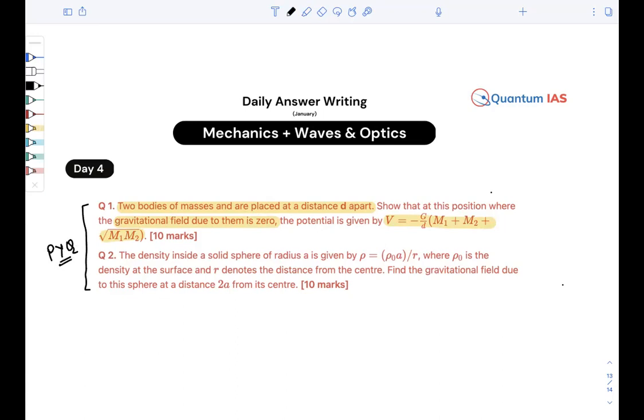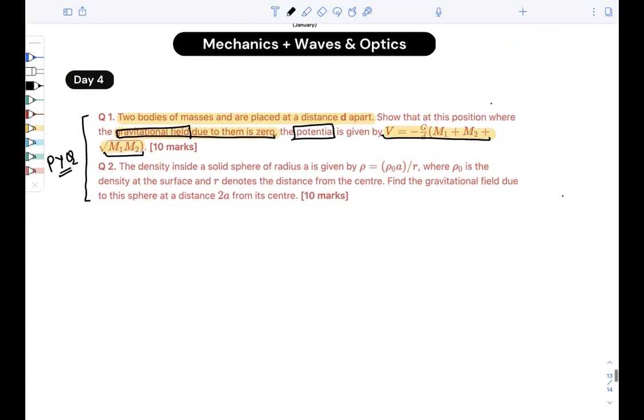Now try to understand in the first question, they have given a condition, and this is what we need to find. If you see here, there are two keywords: one is gravitational field and one is the gravitational potential. So which one should we take in the introduction?